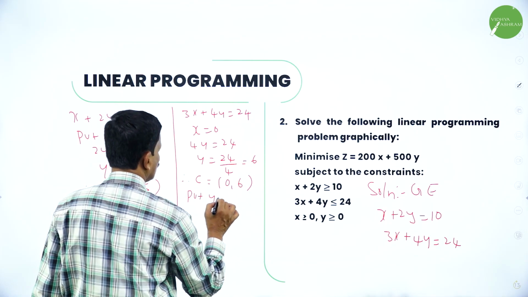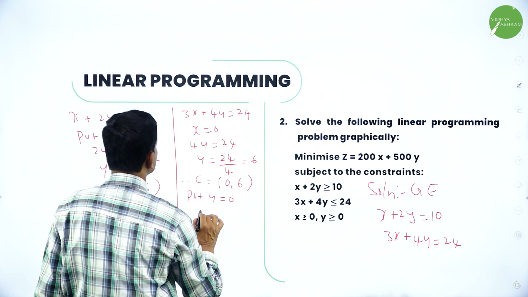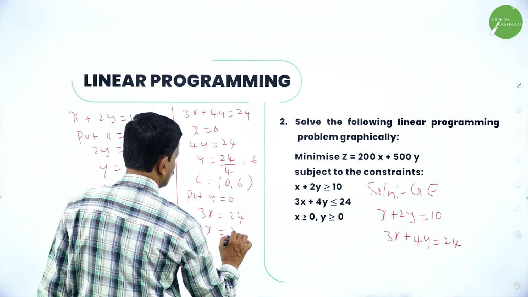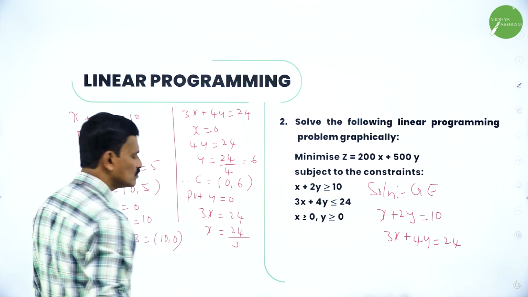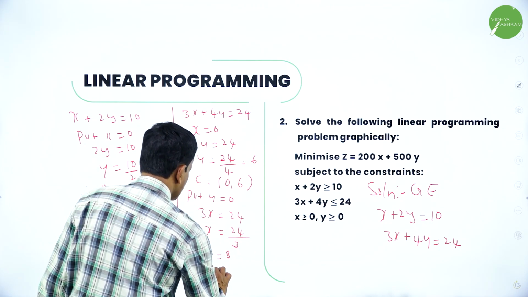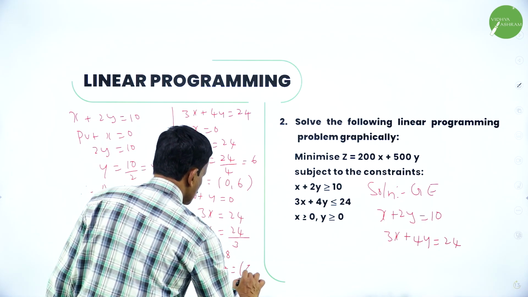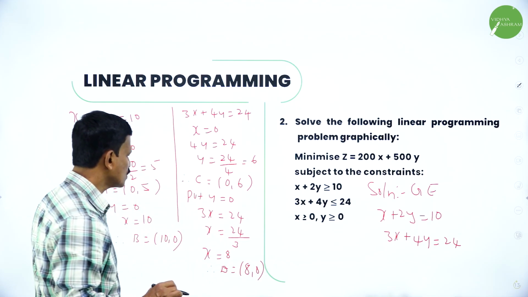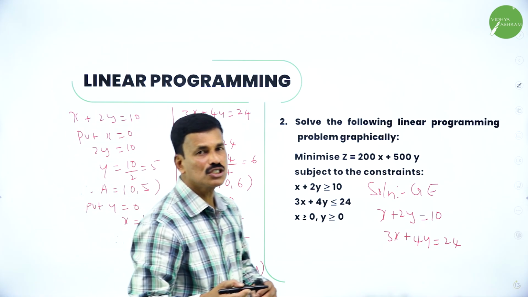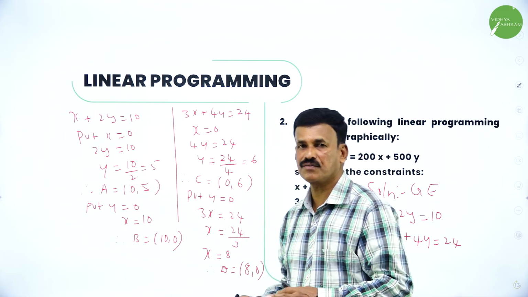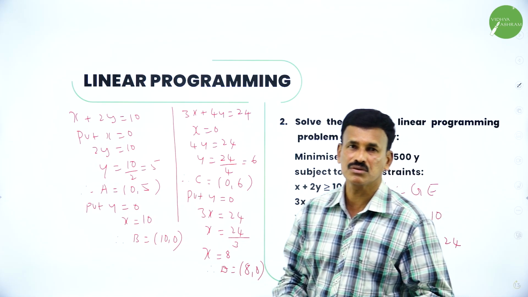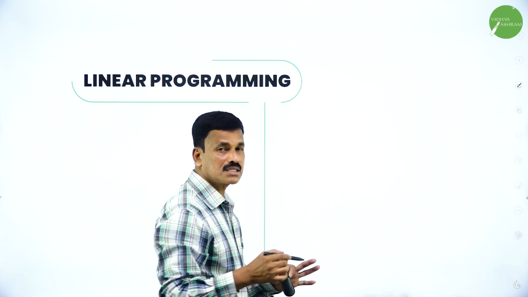Again put y is equal to 0, then 3x is equal to 24, x is equal to 24 by 3, which is 8. So the point D is (8, 0). Okay, these are the points. Now, by taking these points, draw a graph and find the feasible region. You will get the feasible solution. Now let us represent these points on a graph.